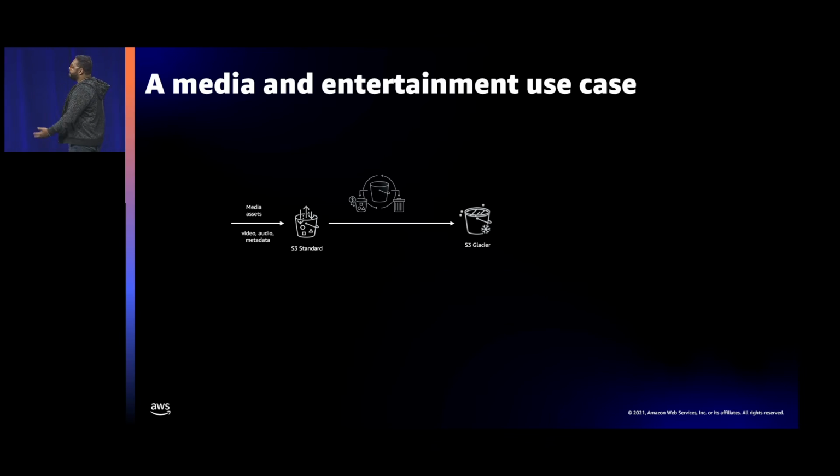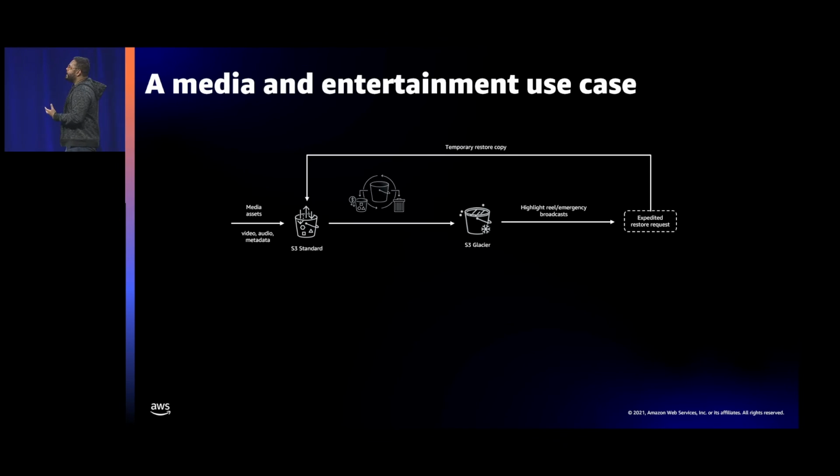For example, sometimes in an emergency, sometimes in a news broadcast, you have to get highlights or reels from video footage that was shot two decades ago. Then they want to access that file, but because it's sitting in S3 Glacier Deep Archive, it's not available for immediate access.